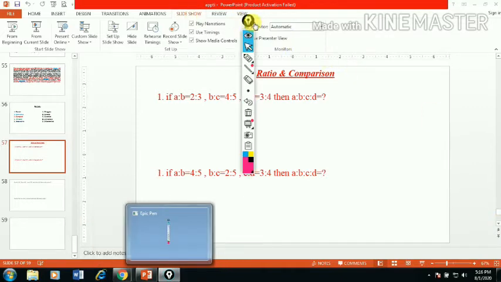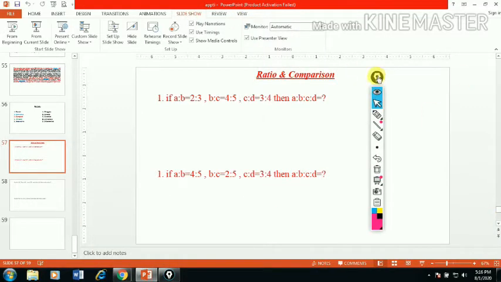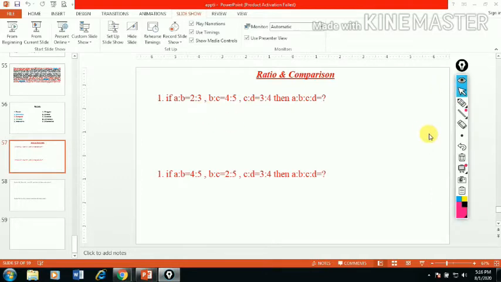That method I am showing you is a very easy method. This is a very easy problem, everybody can solve it, but what approach should we follow to solve it in a very short period of time?